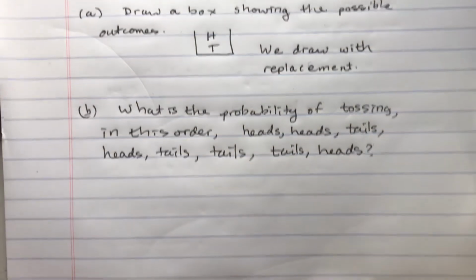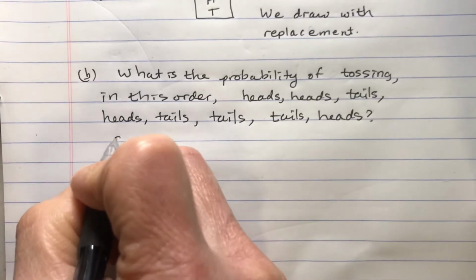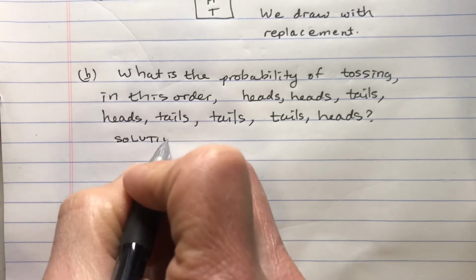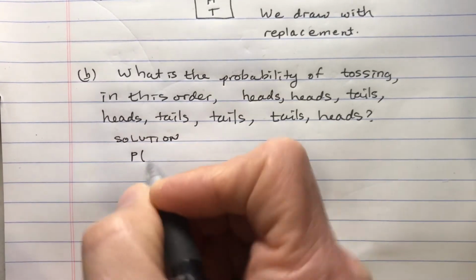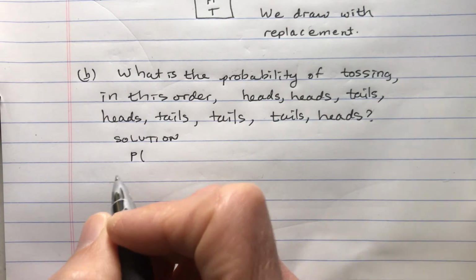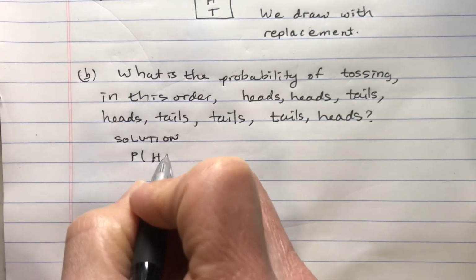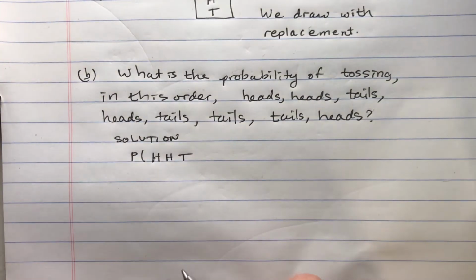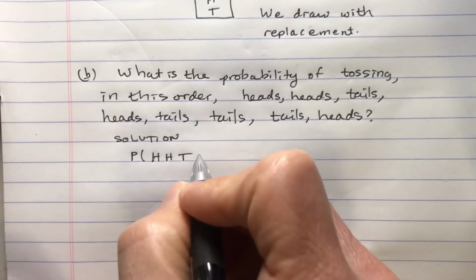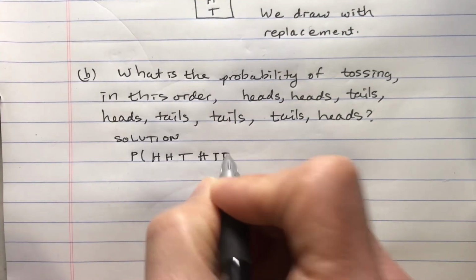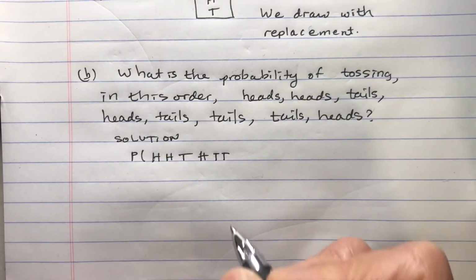So it's a lot of stuff. All right, so I better have gotten that right. Okay, so it's HHT, HTT, TH.